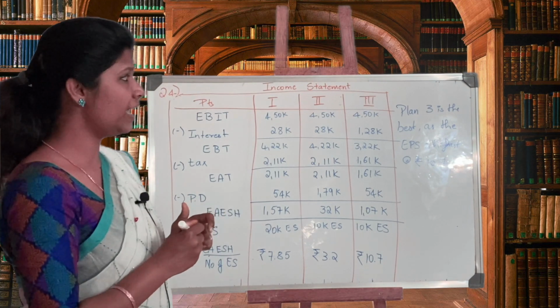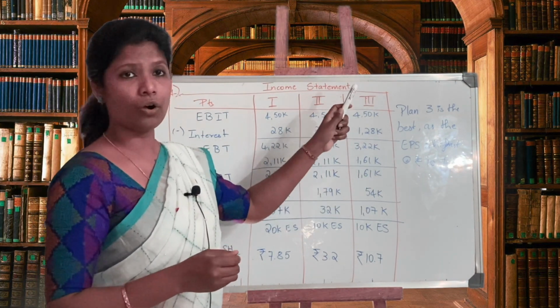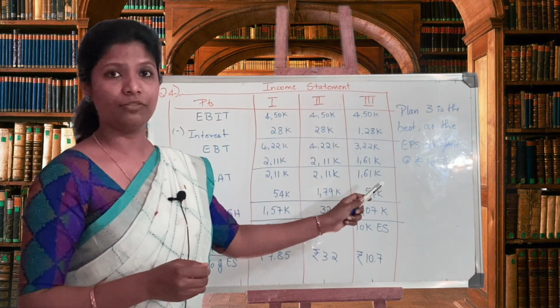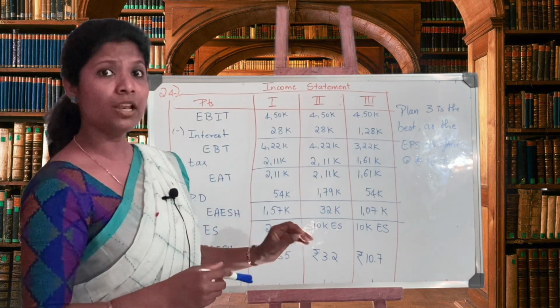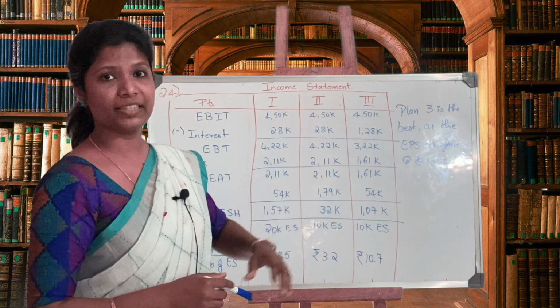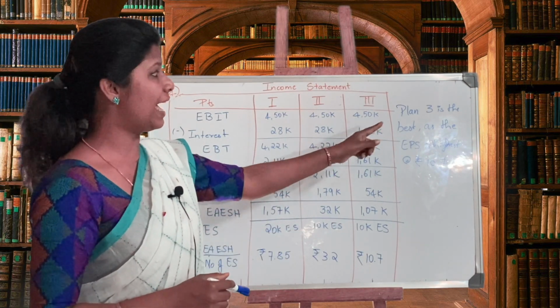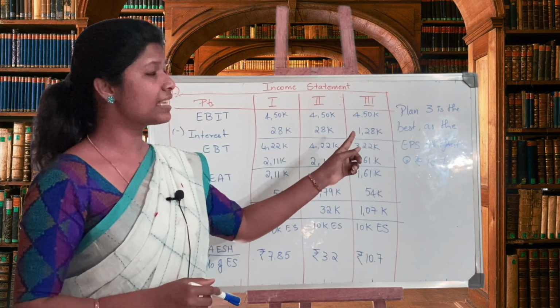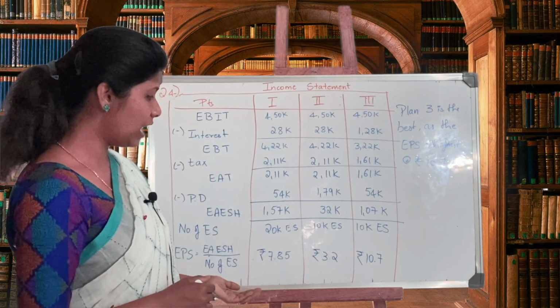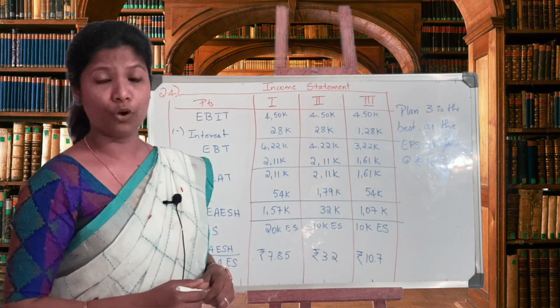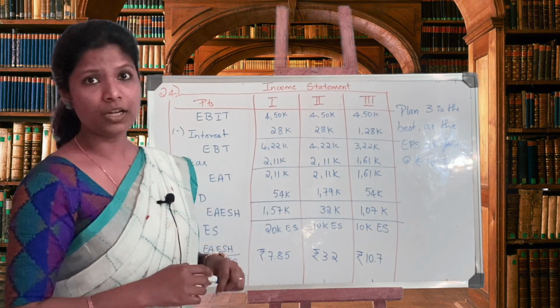So this is the conclusion or recommendation that you have to write for every single solution. Once you've completed the income statement, for every question you have to add this statement: Plan 3 is the best as the EPS for plan 3 is the highest compared to the other two plans. Hope you have understood this entire question number 24.